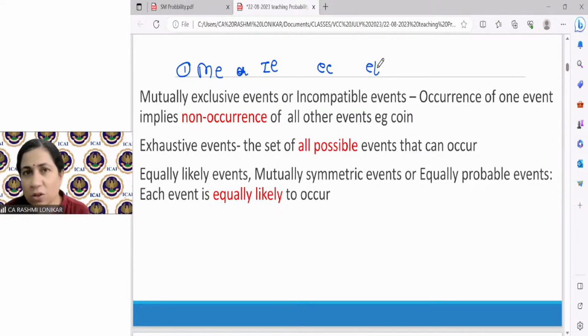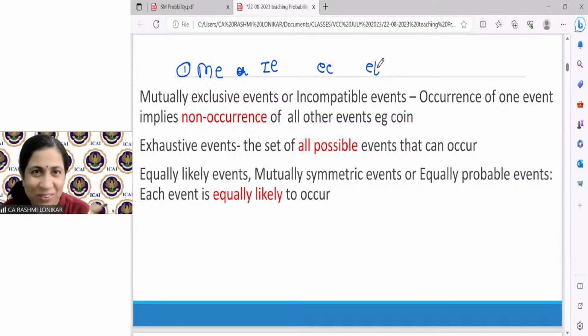Exhaustive events means what? I have considered all possible things that can happen. Exhaustive events means I have considered all possible events that can occur. Equally likely events means that all events are equally likely, that is unbiased. Like if you remember Shakuni Mama from Mahabharata, his dice was biased in the sense that the center of gravity of that dice was shifted, and therefore, depending on how he threw the dice, he was able to predict what number was going to come.